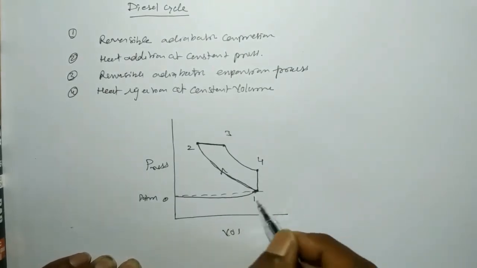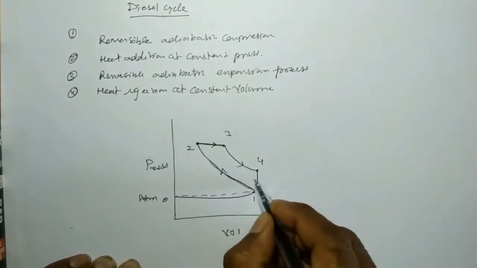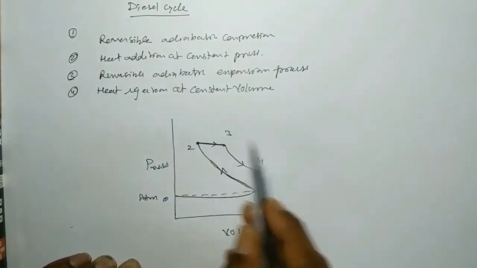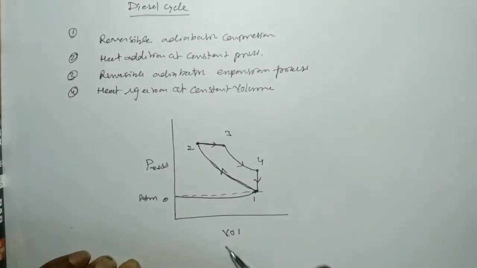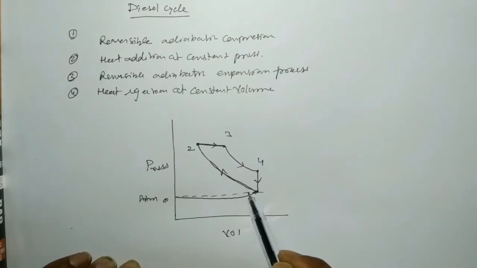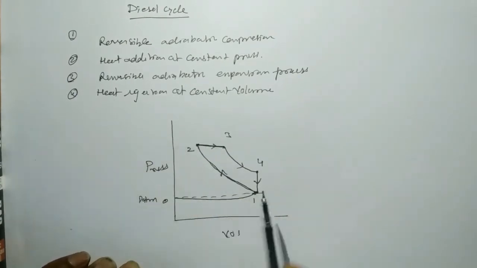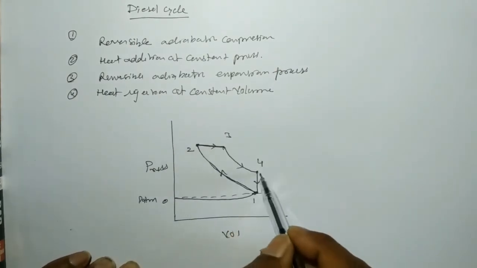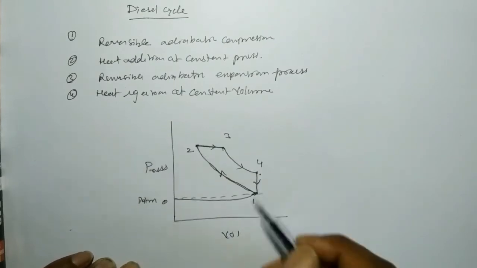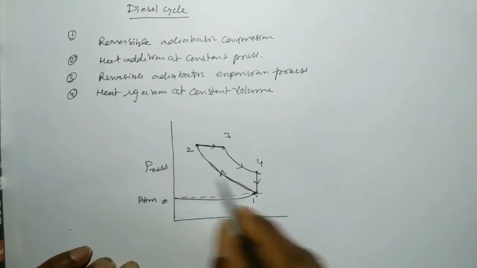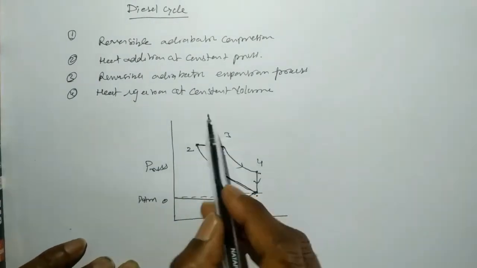In this cycle, there are certain rules that are followed that make a closed loop. That is, 1 to 2 is called reversible adiabatic compression process, and 2 to 3 is heat addition at constant pressure process, and 3 to 4 is the expansion process, reversible adiabatic expansion process, and 4 to 1 is heat rejection at constant volume process.